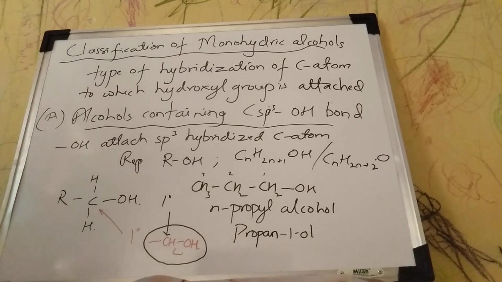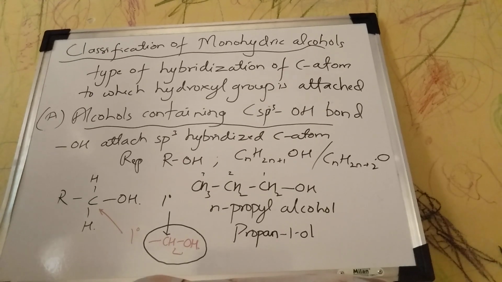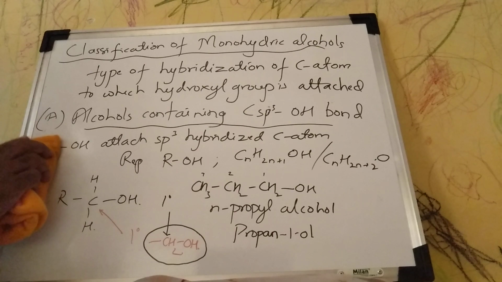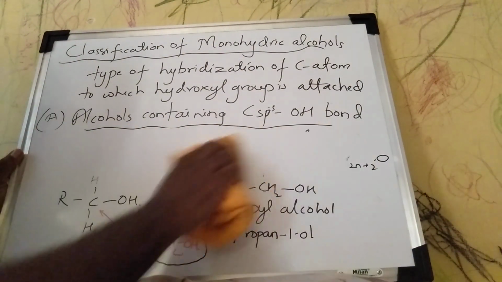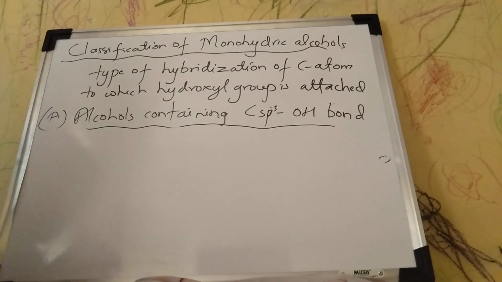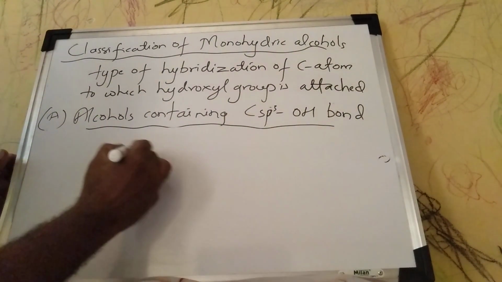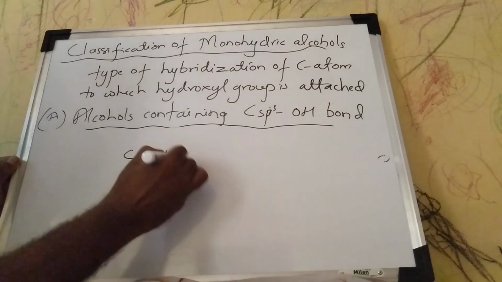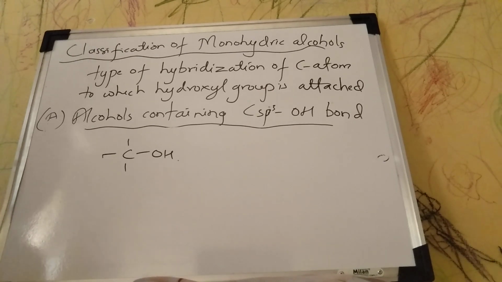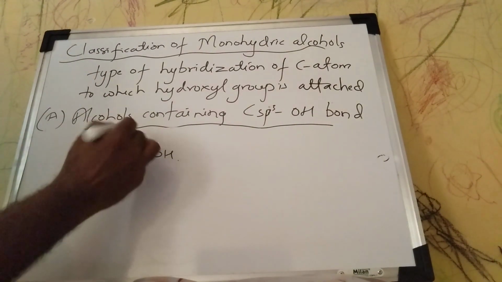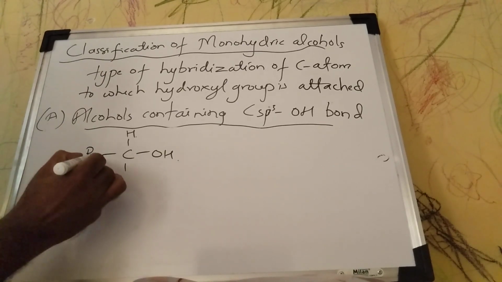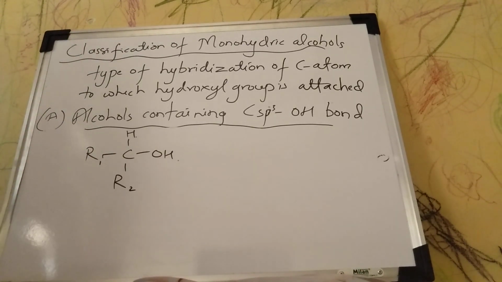Next is the secondary carbon atom. OH attached to secondary carbon atom. Now for this carbon atom to be secondary, it must contain one H and two alkyl groups.